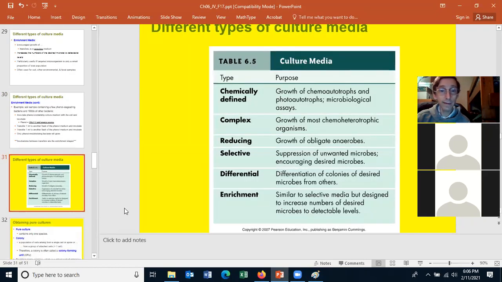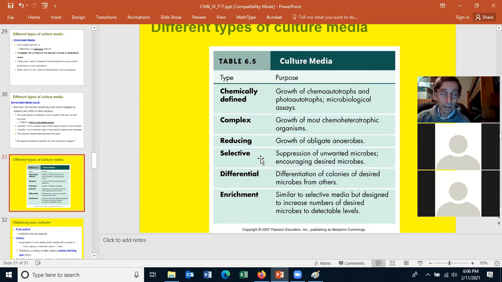All right, this slide is just telling you the different types of media we discussed. The chemically defined media, where we're adding all the molecules to the media. A complex media, which has growth factors and trace elements added by something like a beef extract, which we don't know what's all in it. A reducing media, something we use for growing obligate anaerobes.